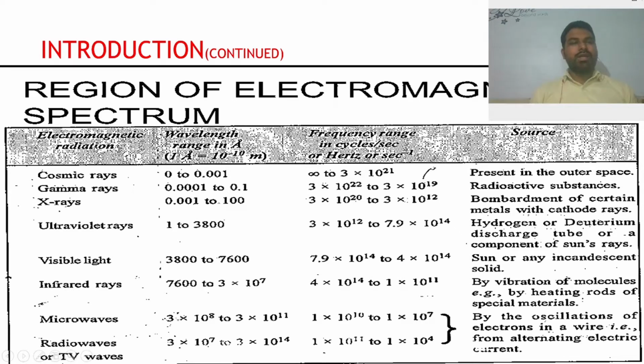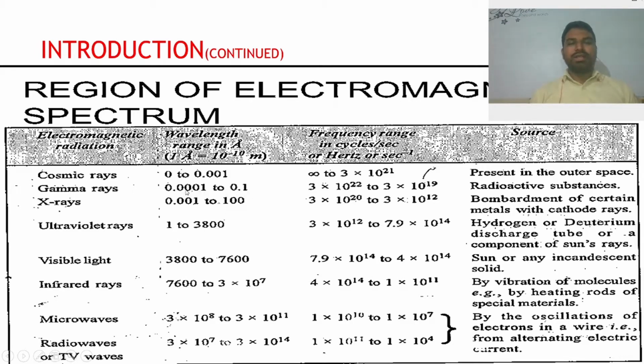Which are the electromagnetic radiations? Cosmic rays, gamma rays, X-rays, ultraviolet rays, visible light, infrared rays, microwaves, and radio waves or TV waves. The wavelength range is in Angstrom, from 0 to 0.001, 0.00012, to 0.1.